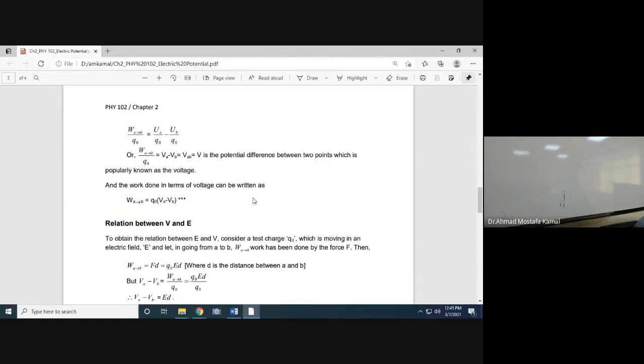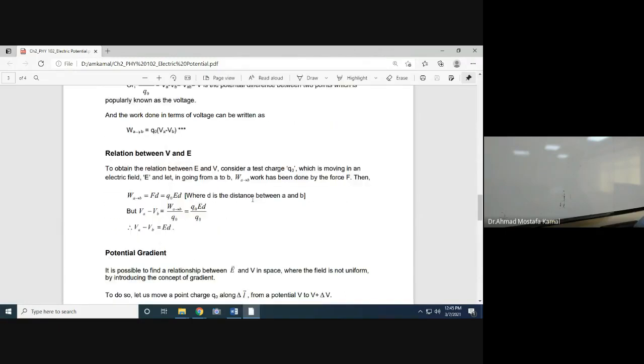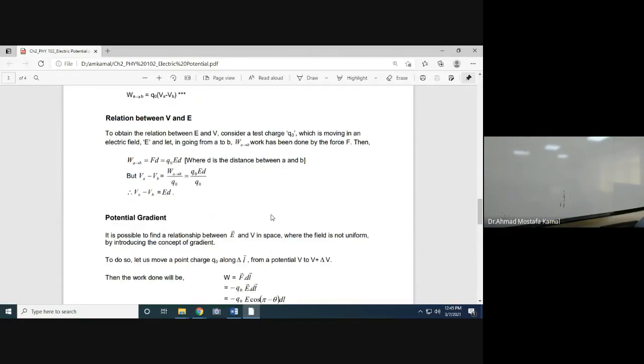Potential difference, which is voltage, was defined, and the relationship between voltage, potential and electric field was found, and also the difference between them was discussed in the class. It is not written here, but it was discussed in the class.